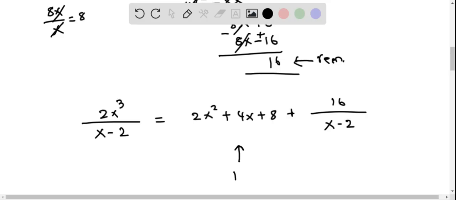So this is the polynomial expression, and this is the proper rational fraction. And so we have written the improper rational fraction as a sum of a polynomial plus a proper rational fraction.